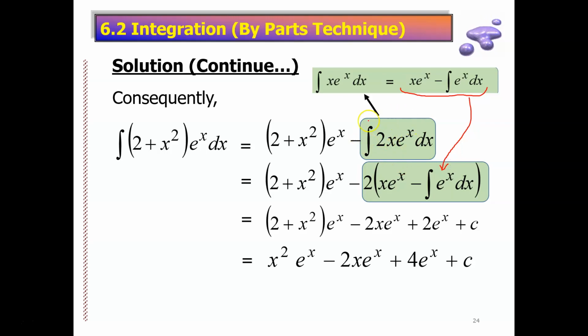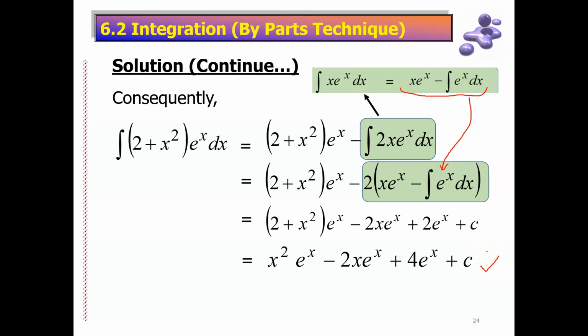We substitute it. Substitute in this one that we have solved, it becomes like this. Then you just need to expand it. 2 times x exponent x, 2 times, you get this. 2 times integration of exponent x, you get exponent x. Then expand this one, you just expand and then you get the final answer.